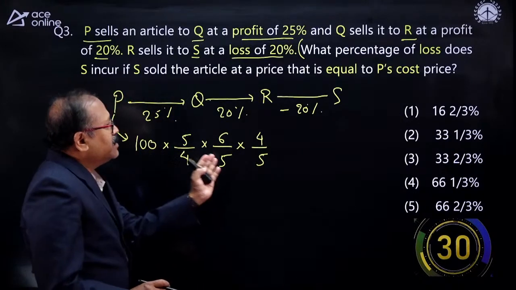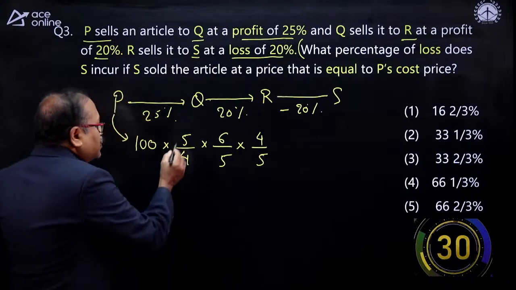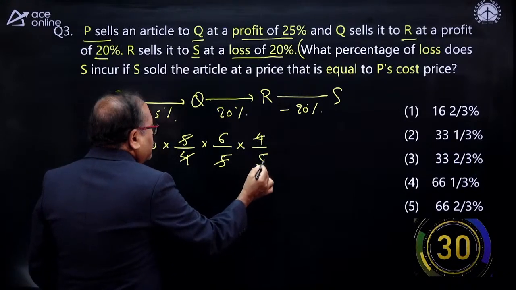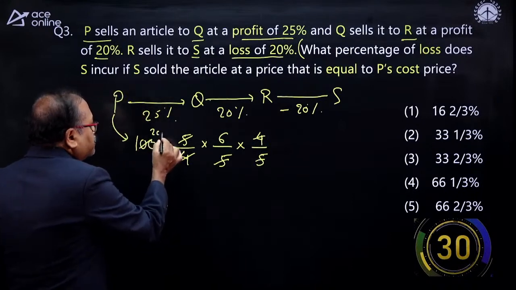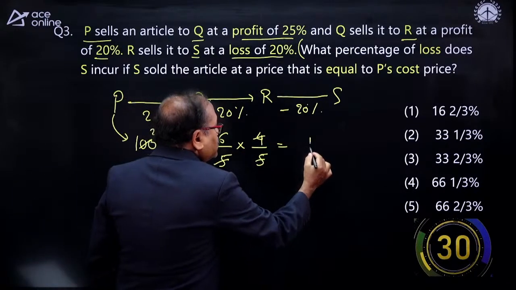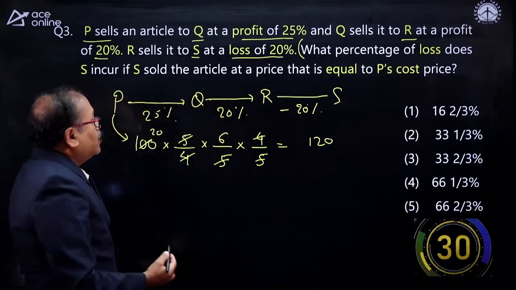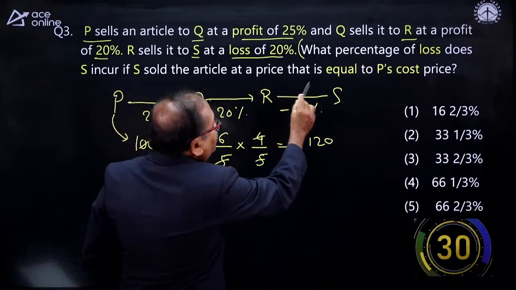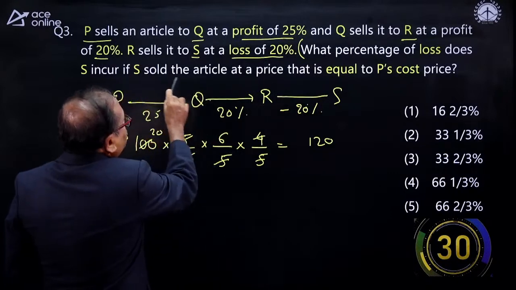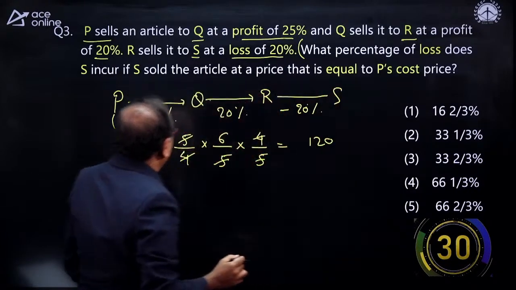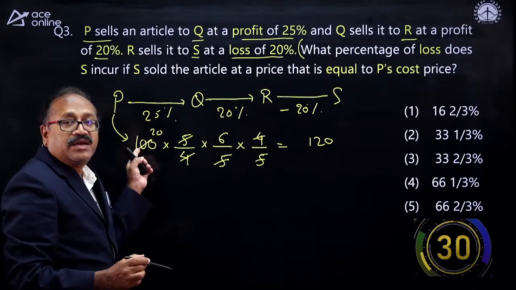So this gives me the cost price of S. You notice that these numbers are getting cancelled. 4 gets cancelled here, 20 gets cancelled here, and 20 into 6 is 120. This is the cost price of S. Now it is given that S sold an article at a price equal to P's cost price. What is P's cost price? 100.